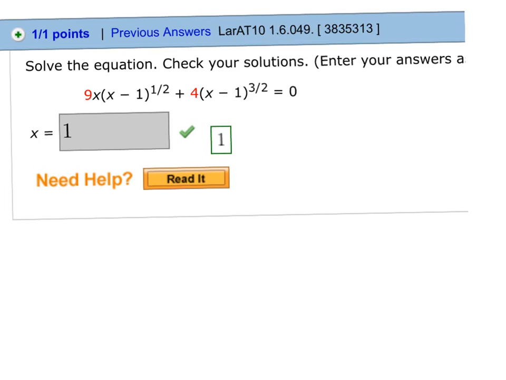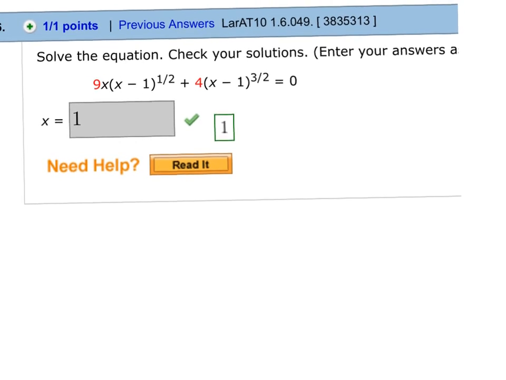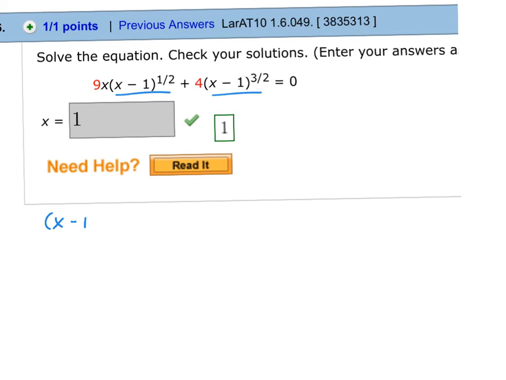Okay, this one is just like that first section. So this time I can actually take out a 1/2. (x minus 1) to the 1/2. And I'd get 9x, this is gone, plus 4, take out one of the x minus 1s, and I'd get (x minus 1) to the 2/2.